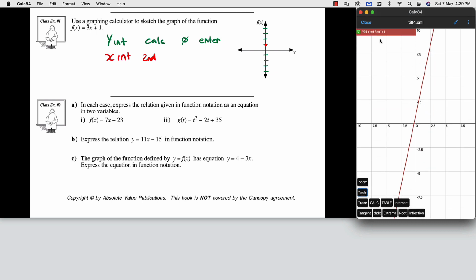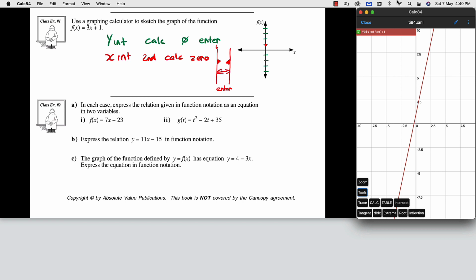Anyways, on the calculator, you're going to press second, calc, and then you're going to choose the 0 function. And then what you're going to have to do is draw a line that's left of the intersection, then draw a line that's right of the intersection. It's going to give you sort of 2 little arrows pointing in. And then when you press enter again, it's going to find the x-intercept that is between these 2 lines.